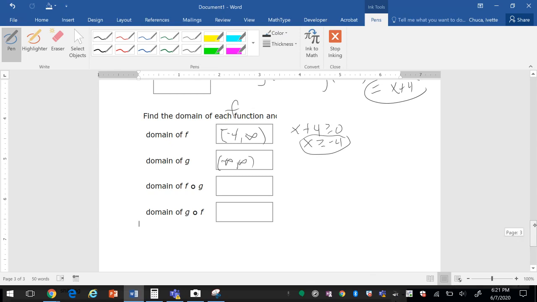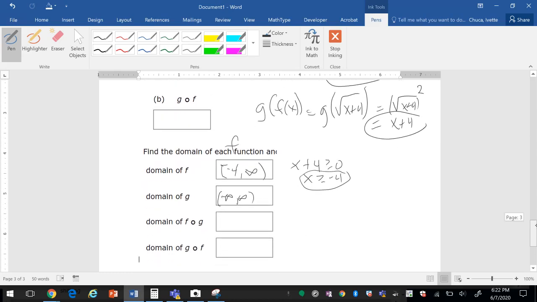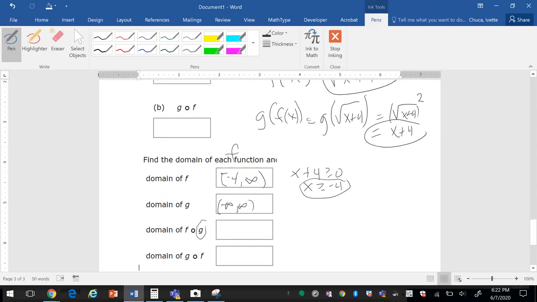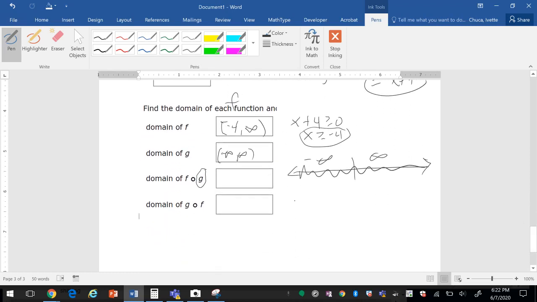The domain of the composition, you want to look at the actual composition, but you also have to first look at the second function, in this case g. So for g, my domain is everything, -infinity to +infinity. So now for the answer, f composed of g of x, the answer was square root of x squared plus 4. Since we have a radical, we want to set the radicand greater than or equal to 0.